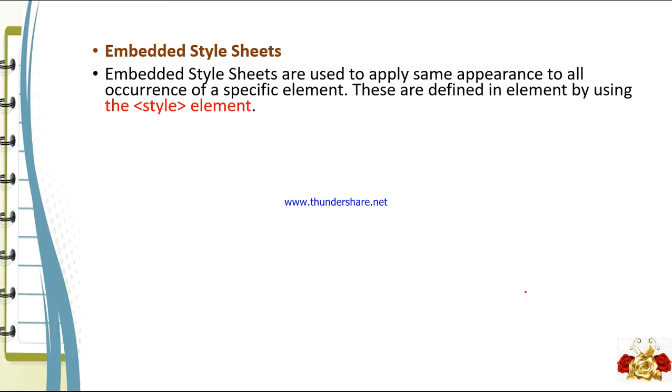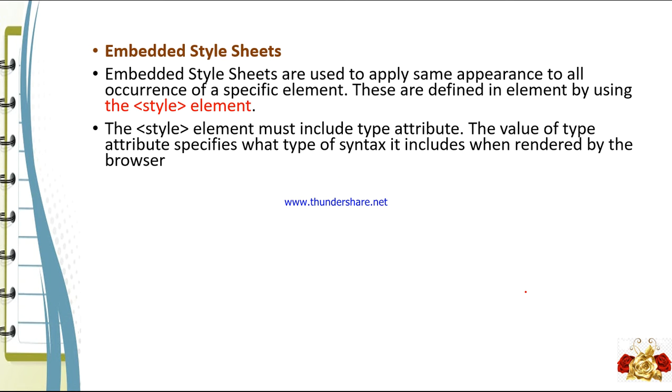Okay. Next, the second type of style sheet, that is the embedded style sheet. This embedded style sheet is used to apply the same appearance to all occurrences of the specific elements. So these are defined in the head element by using the style element. The style element must include a type attribute.